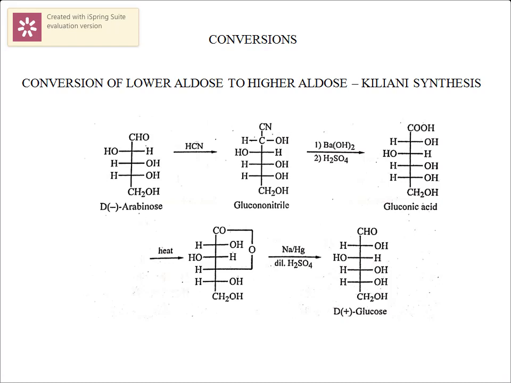So this is the structure of glucose. So from arabinose, you got glucose by treating with first HCN, the Kiliani reaction. You get cyanohydrin or gluconitrile, which on hydrolysis gives a COOH group, which on heating gives a cyclic ester, that is a lactone, and then on reduction gives D-plus-glucose.